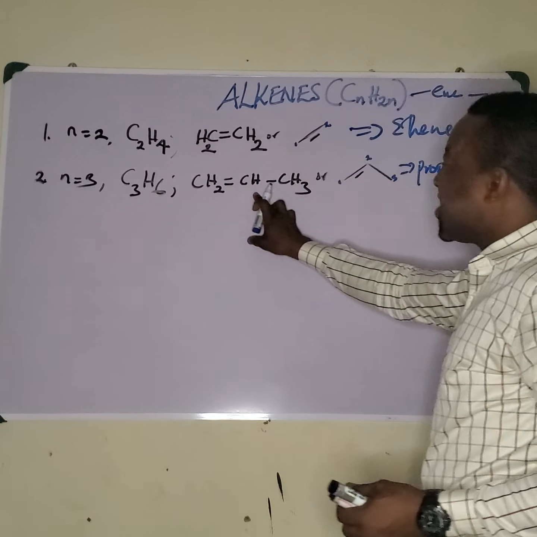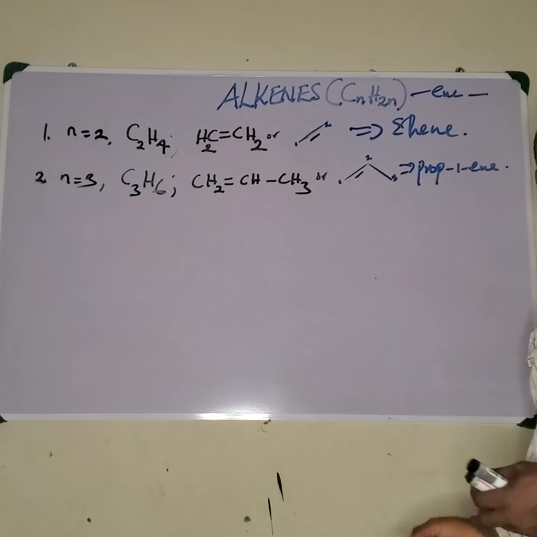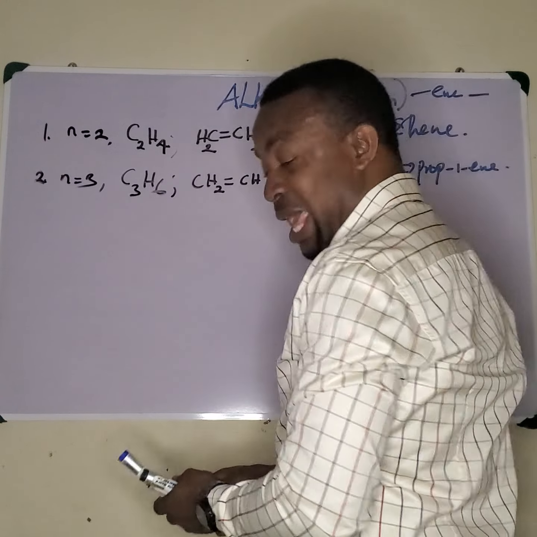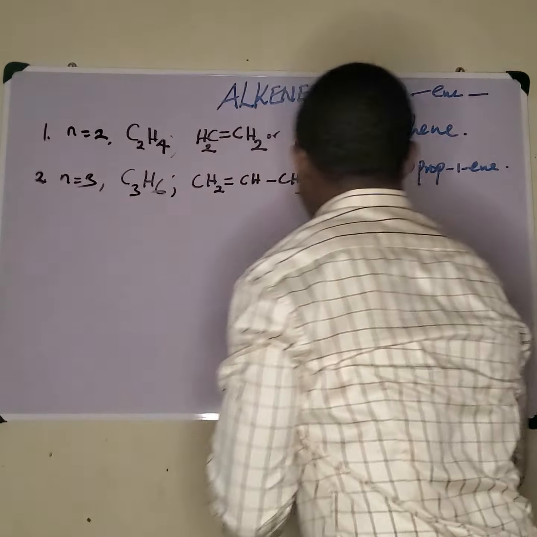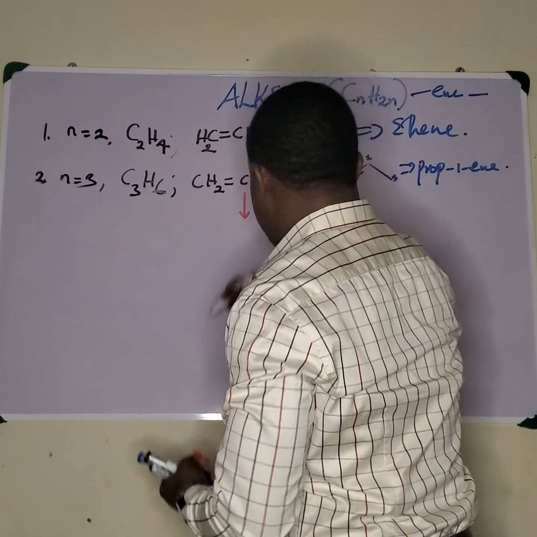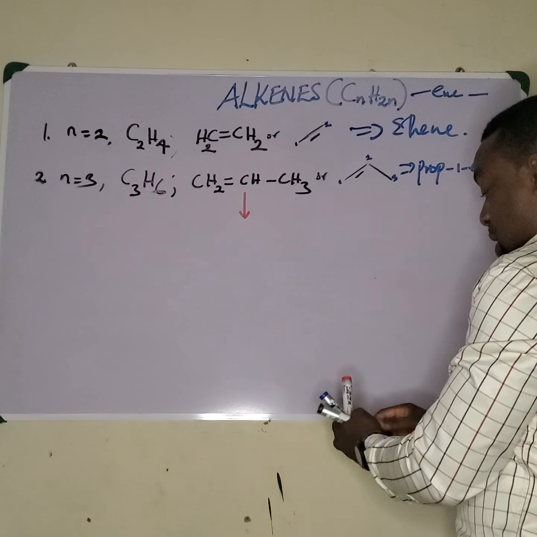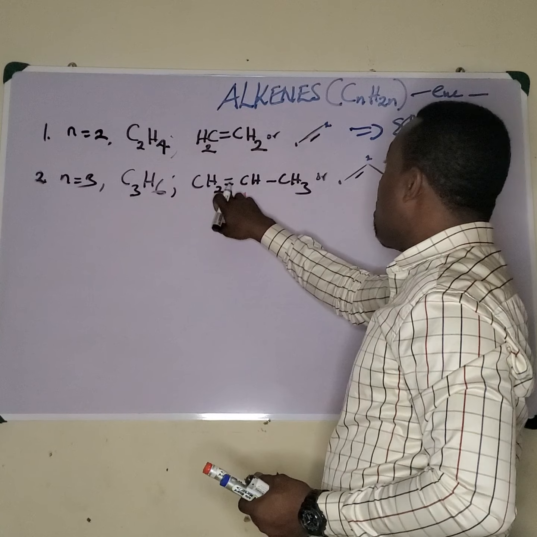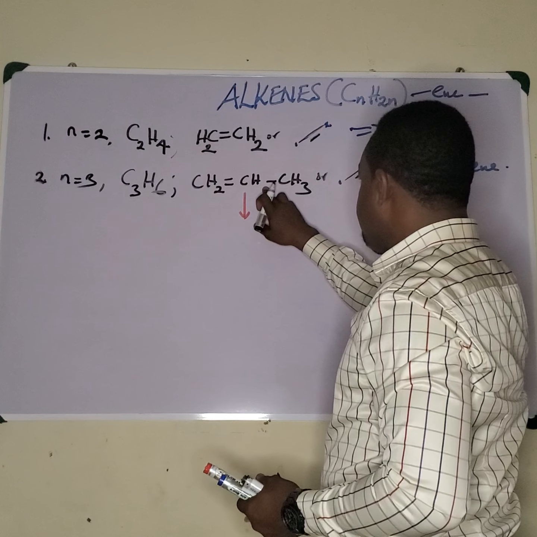We can still write this structure as prop-2-ene. We can still write the isomer of this. Let us see what the isomer will give us. Instead of having our double bond here, we can transfer our double bond here.